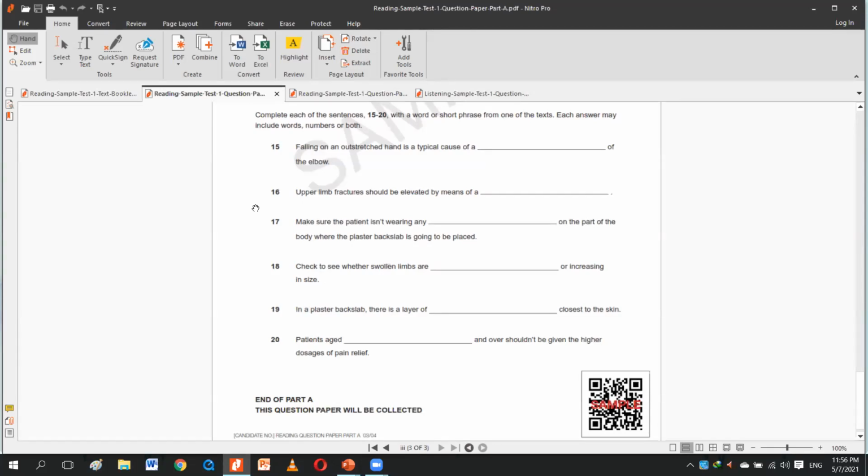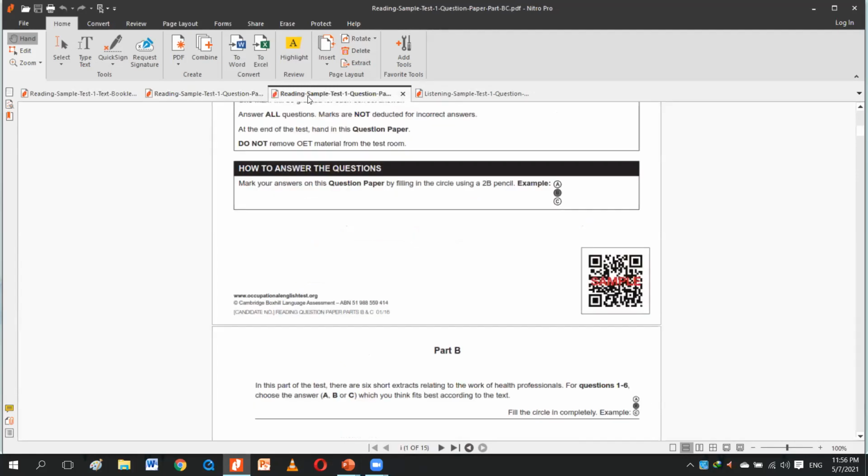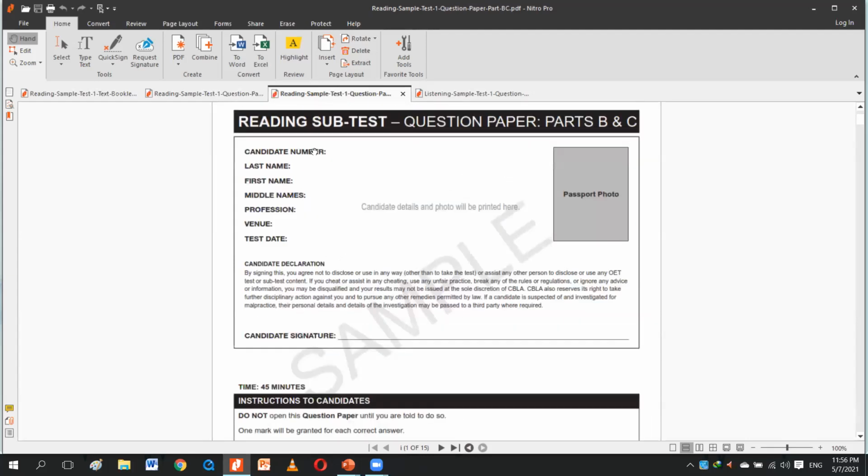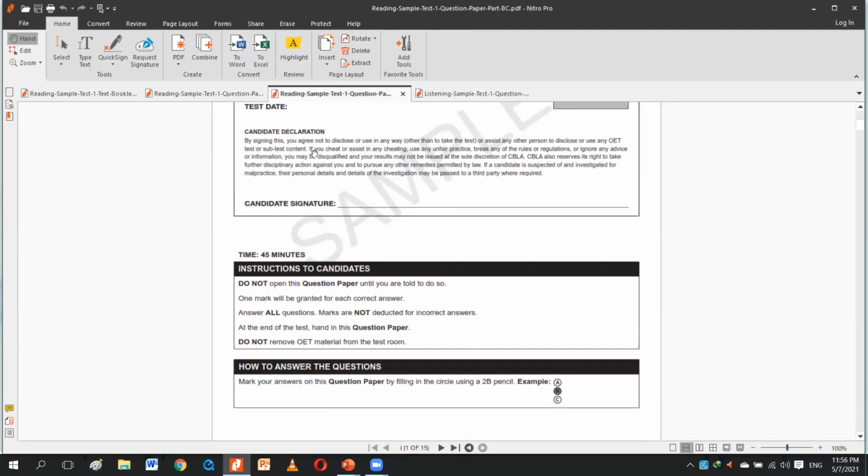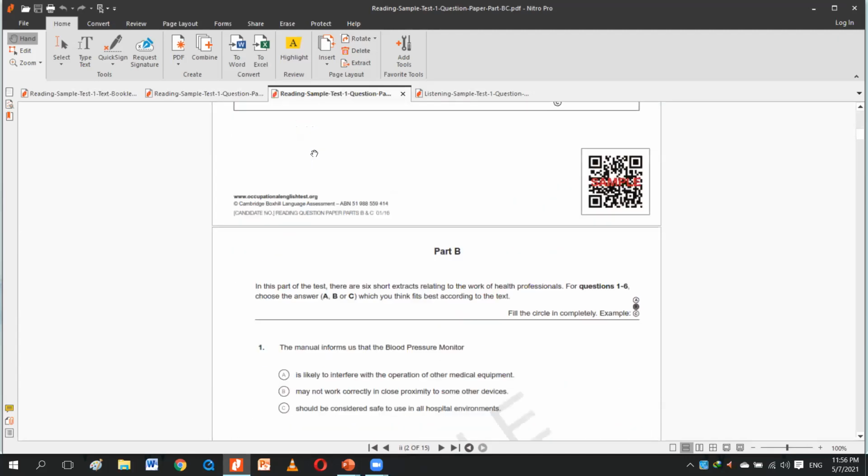Then they will collect the booklets for questions and answers, and you'll receive the next booklet for part B and C together. Also, for the first papers, it is the same thing. You'll have your data.